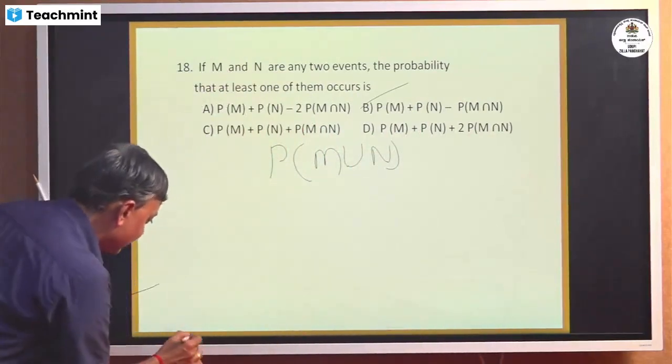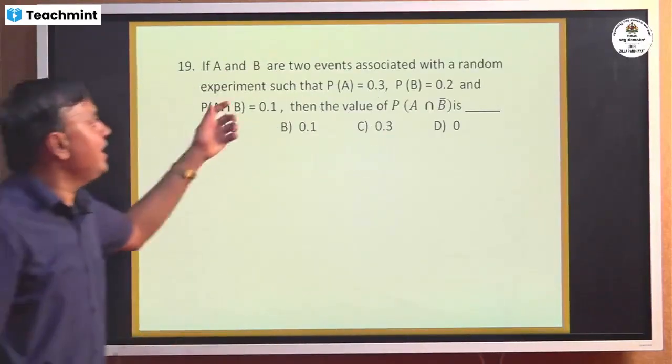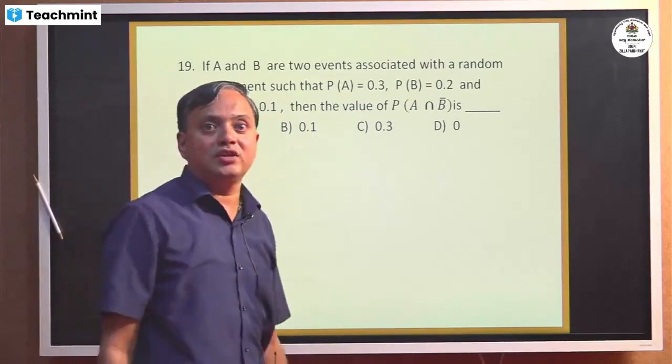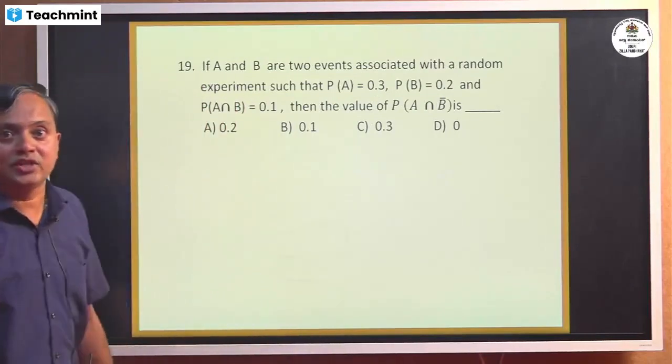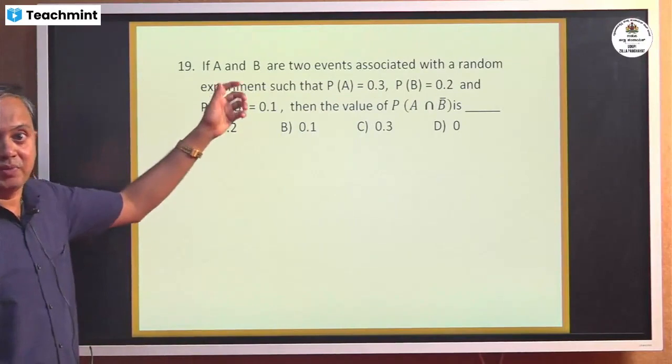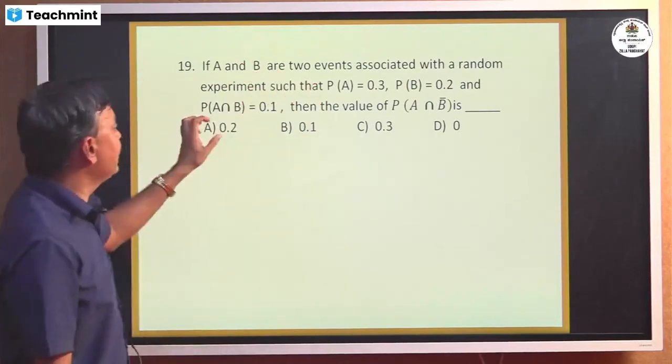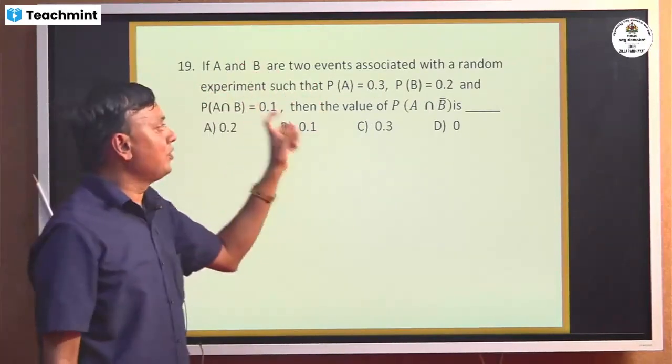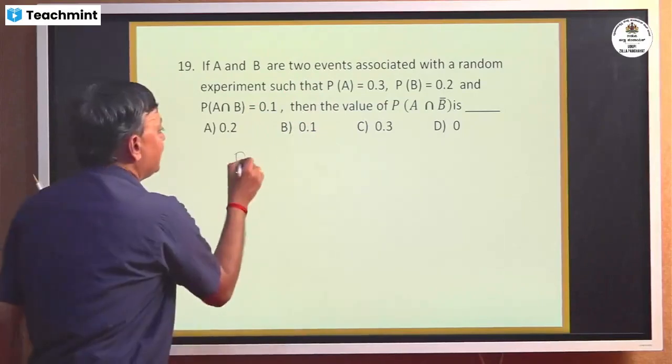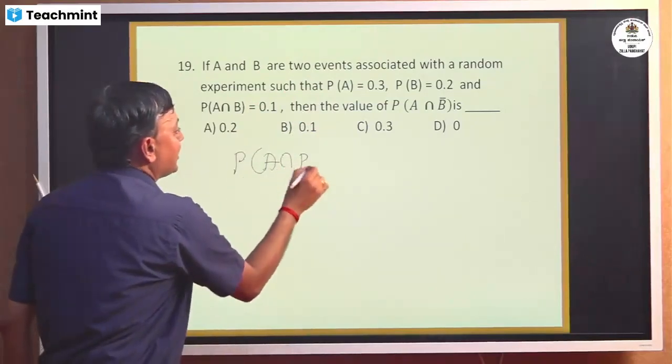So the next one. If A and B are two events associated with a random experiment such that the probability of A is 0.3, the probability of B is 0.2 and the probability of A intersection B is 0.1, then find the value of the probability of A intersection B bar.